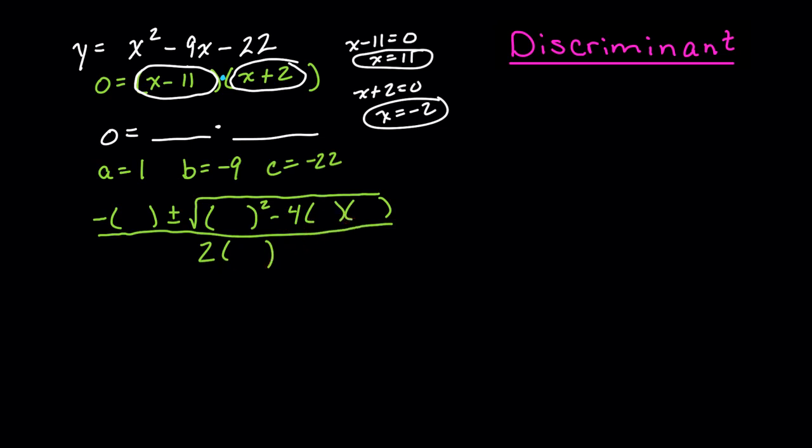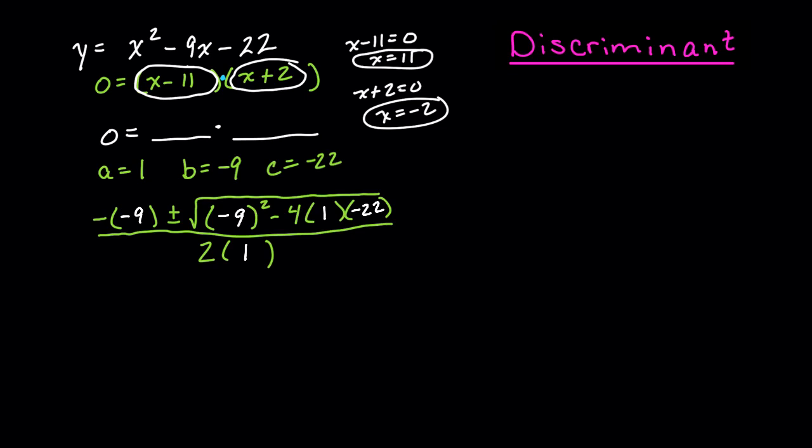All right, so now we come back and we insert what those values are. So negative b, that would be a negative 9. b squared, that's a negative 9 squared. 4ac over 2a. Now it's a matter of simplifying this thing.